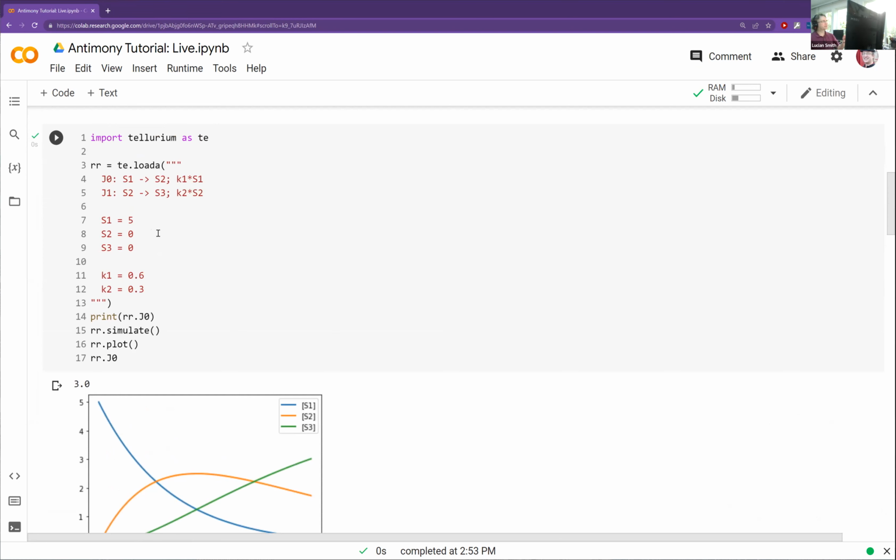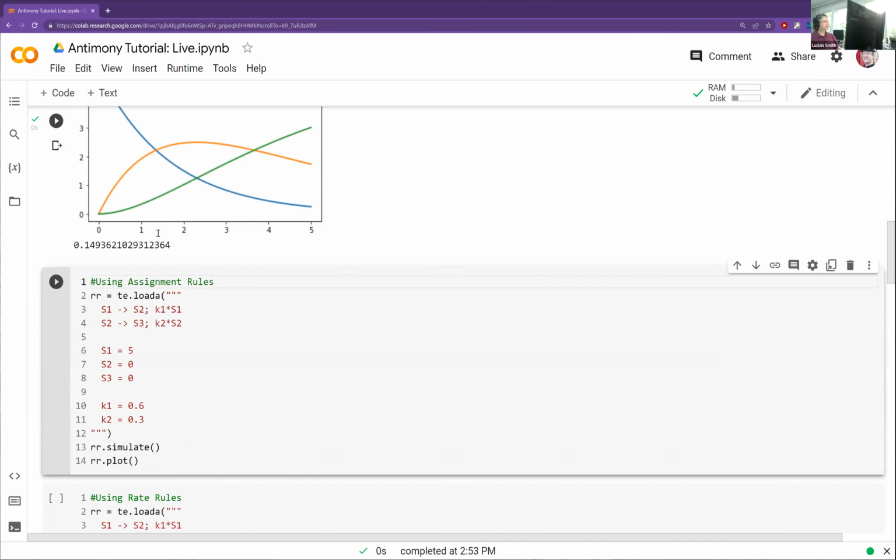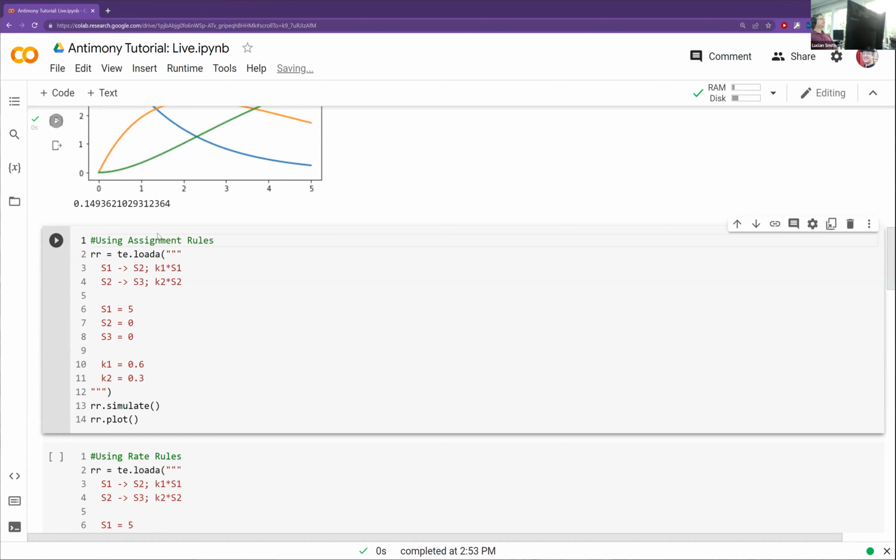But that's not Antimony. So assignment rules. Assignment rules are one thing you can do to set a value always equal to some formula.